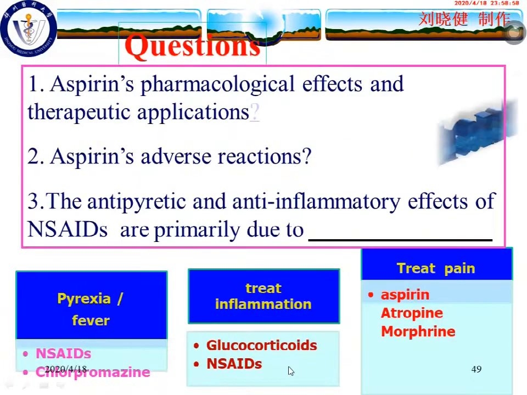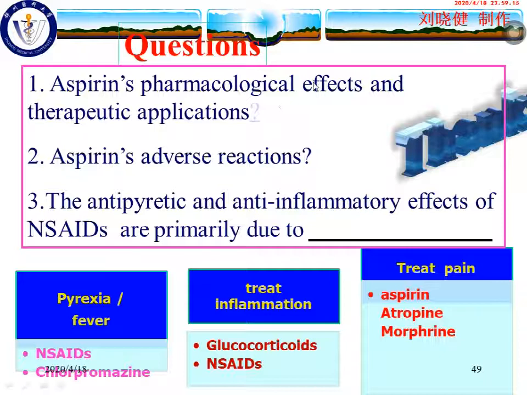Okay, that's all for this chapter. I also give you several questions. Include aspirin's pharmacological effects and therapeutic applications.